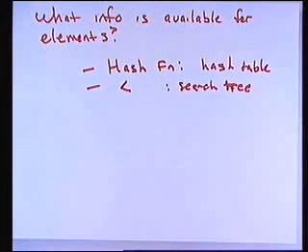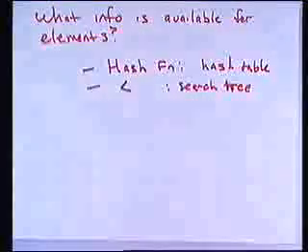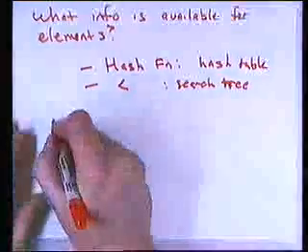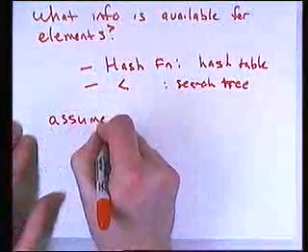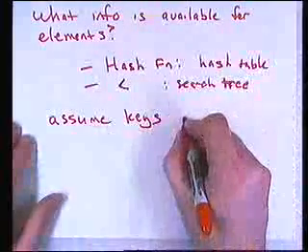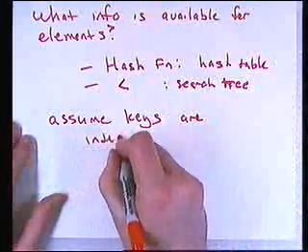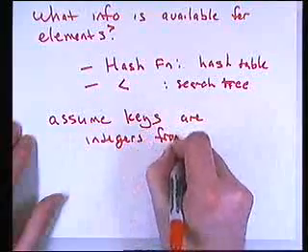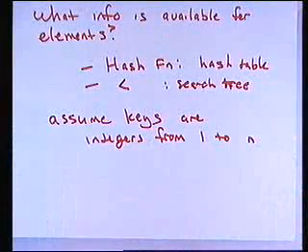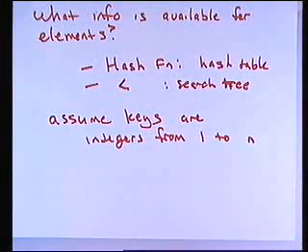So to get around the idea of looking up a particular key, which we've already seen a number of ways to do, we're going to assume, just for the sake of the early discussions, that keys are the integers from 1 to n, whatever n happens to be. Certainly if they weren't, you'd be worrying about some other factors. If they're not the integers from 1 to n, then we maybe have a search tree involved or a hash table or whatever else we might do.